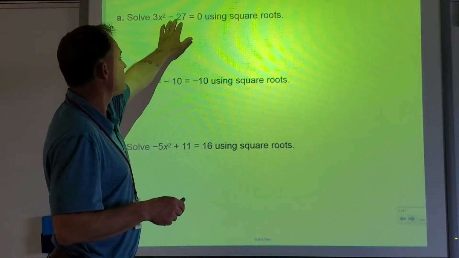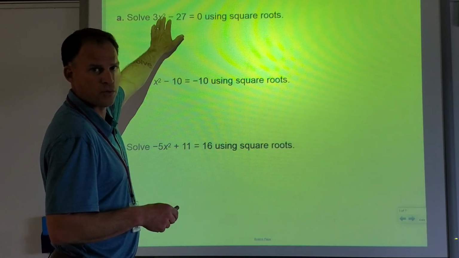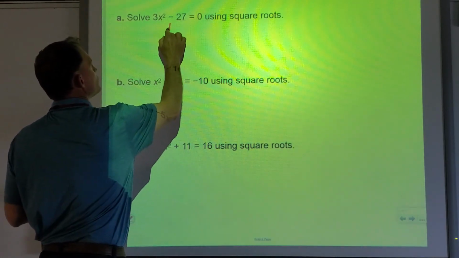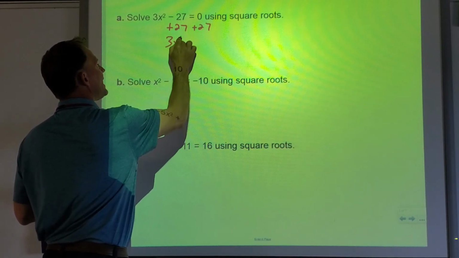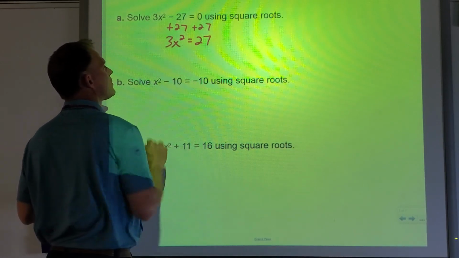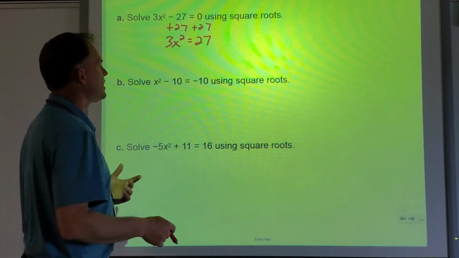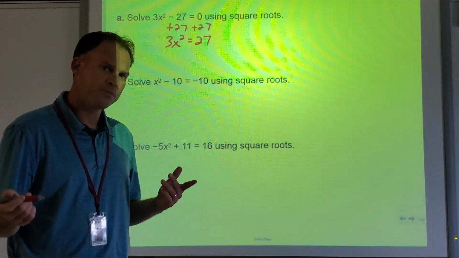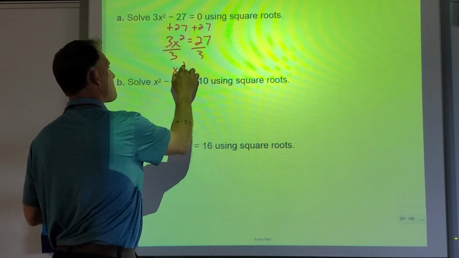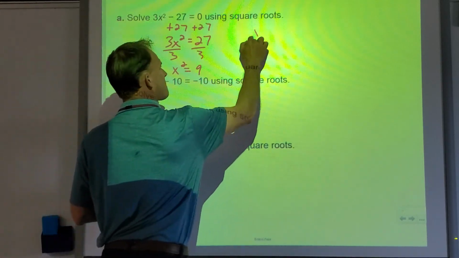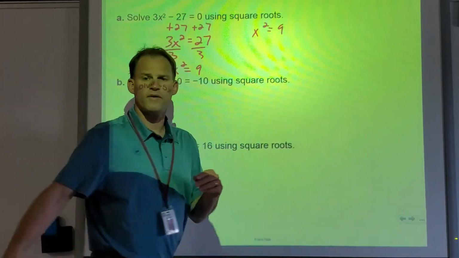I have just this x squared term here. So the first thing I'm going to do is try to isolate the variable. 3x squared equals 27. What's the next step? Okay. So now I have x squared equals 9.